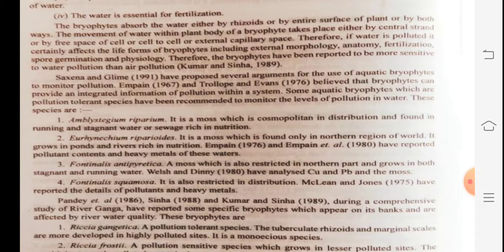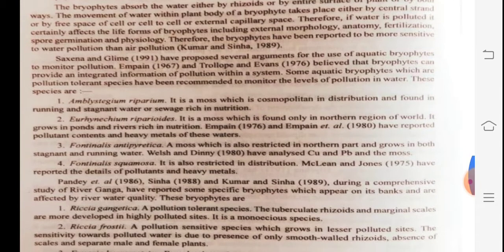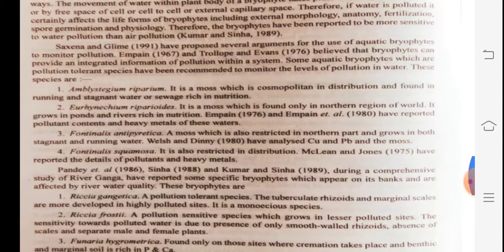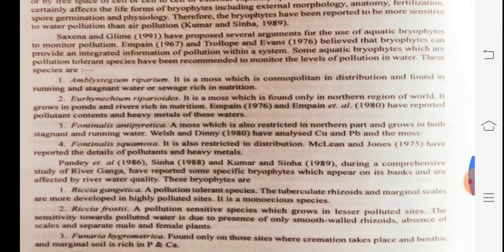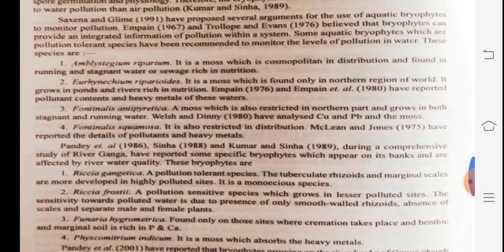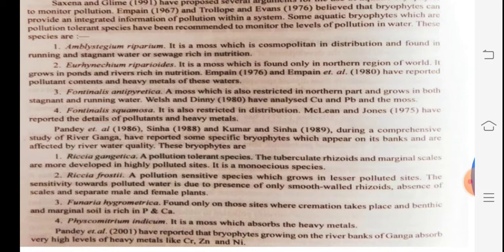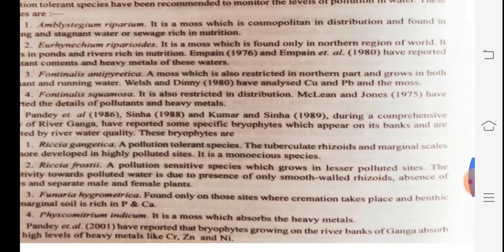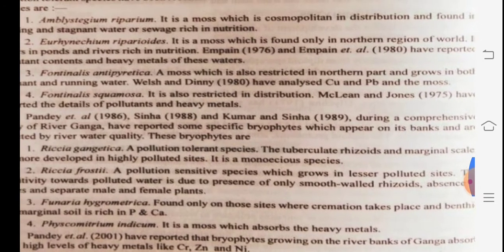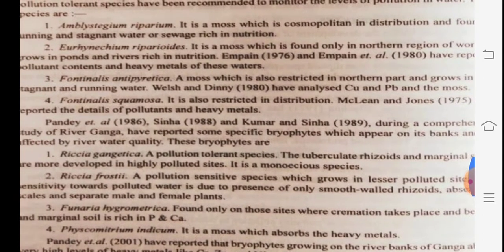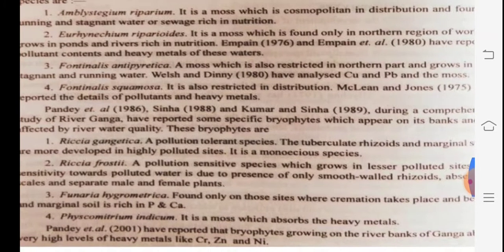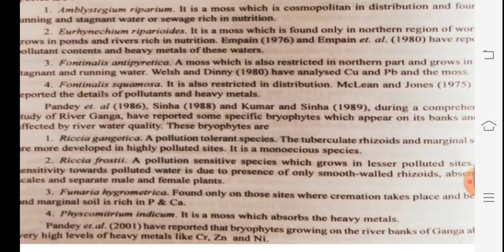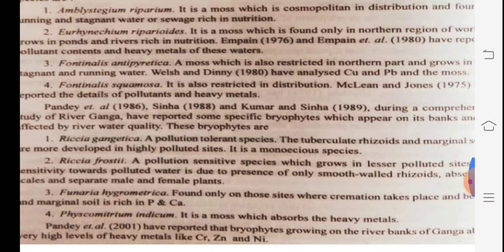Then Saxena and Glime in 1991 proposed several arguments for their use as aquatic bryophytes, and they have given some good examples. Amblystegium riparium is a moss which is cosmopolitan in distribution. Then secondly, Eurhynchium is a moss found only in the northern region.